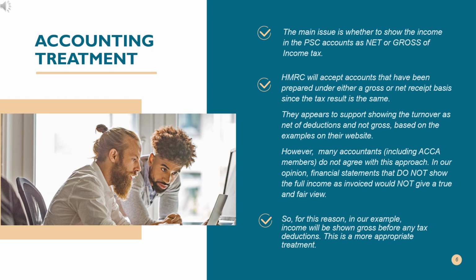However, many accountants, including ACCM members, do not agree with this approach. In our opinion, financial statements that do not show the full income as invoiced would not give a true and fair view. So for this reason, our example will be shown gross before tax deductions. We believe this is a more appropriate treatment.